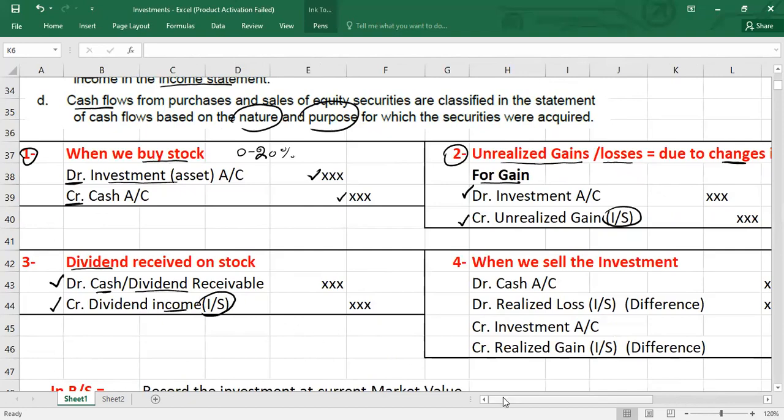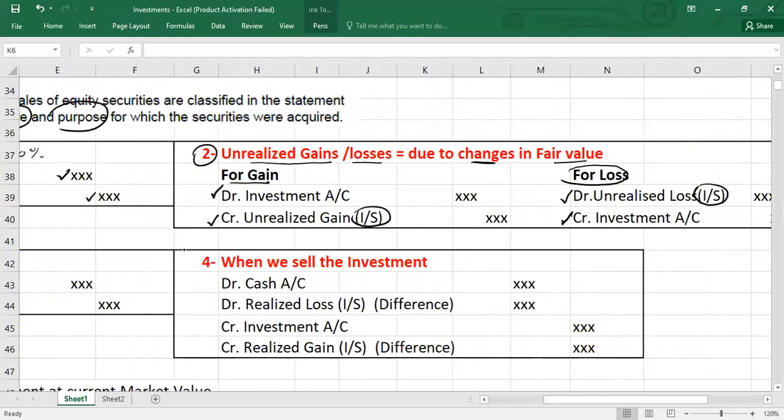Now we have the fourth entry. You should remember that at some point in time you might sell the investment. If you sell the investment, what entry will you pass at the date of sale? You will debit cash, with the money you have received.